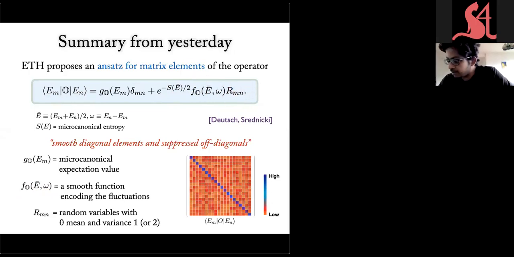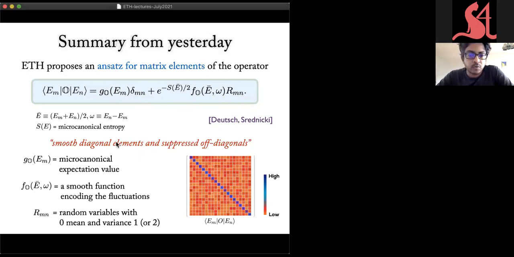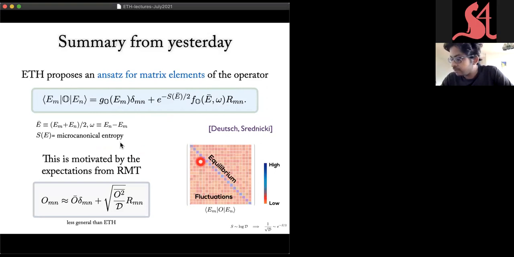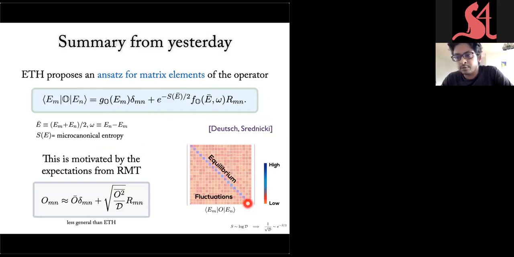So in words, what this ansatz for matrix elements says is that you've got smooth diagonal elements, and suppressed off-diagonal elements. We saw that the diagonal matrix elements encode the equilibrium values, and the off-diagonal matrix elements encode the fluctuations, which should be small at late times. And this ansatz, we almost derived from random matrix theory.